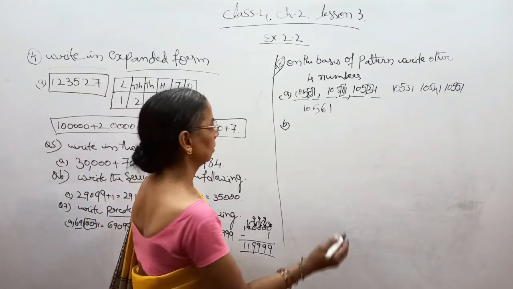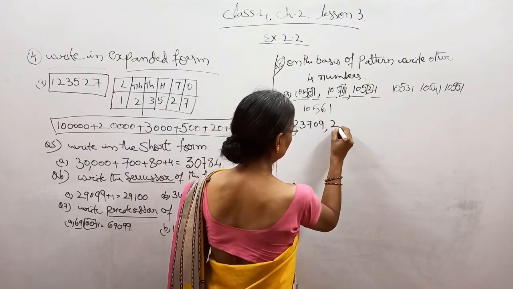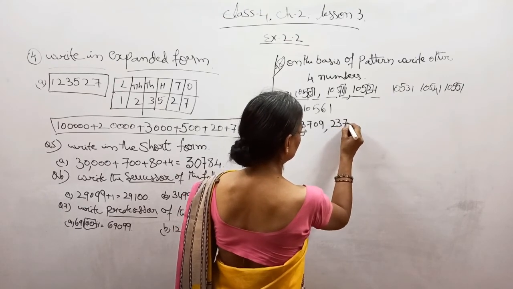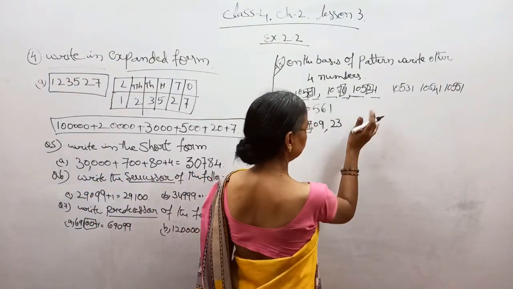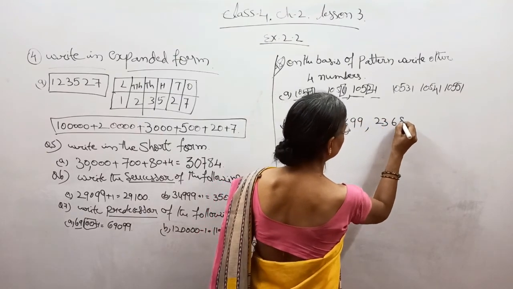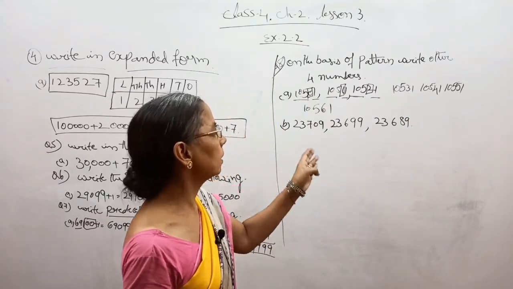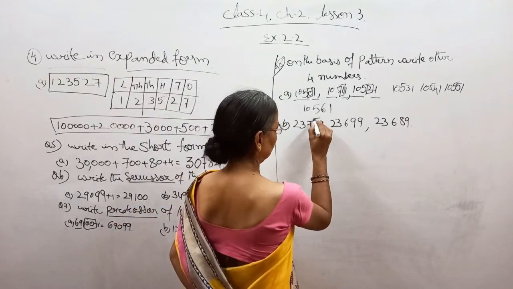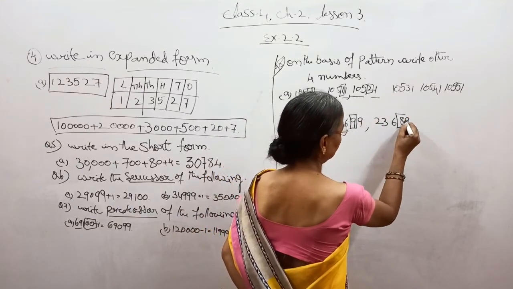Like this, the second one is 23,709, 23,699, 23,689. In this, the number is reduced in the tens place, that is, it skips back by 10 numbers.